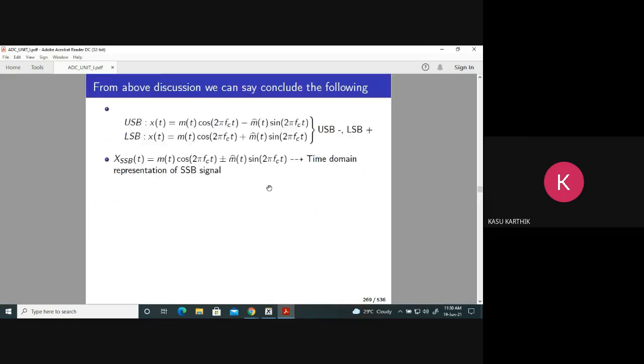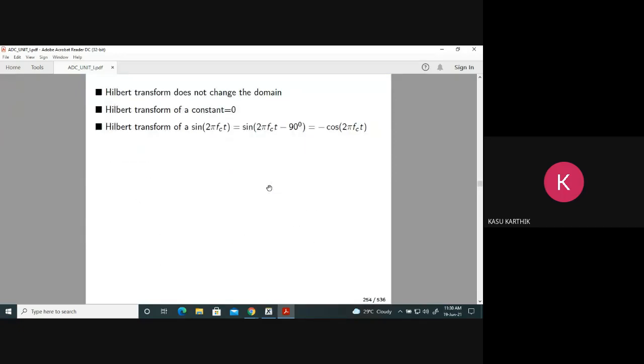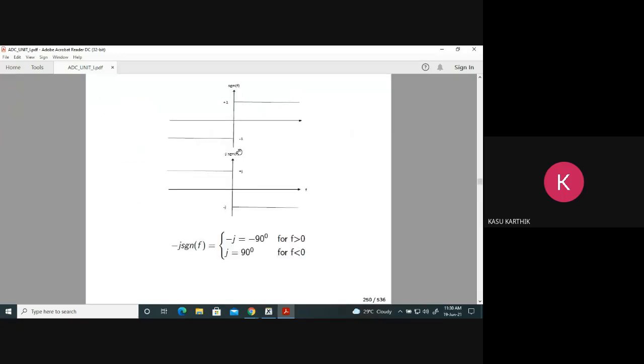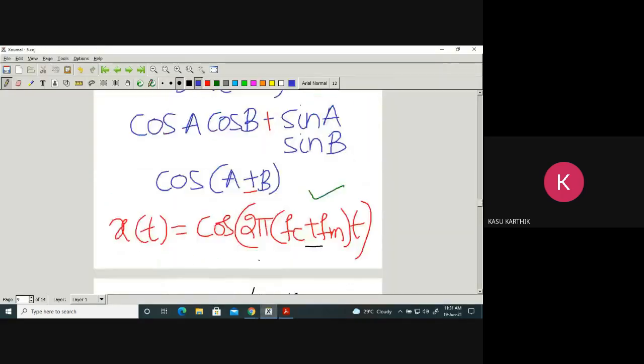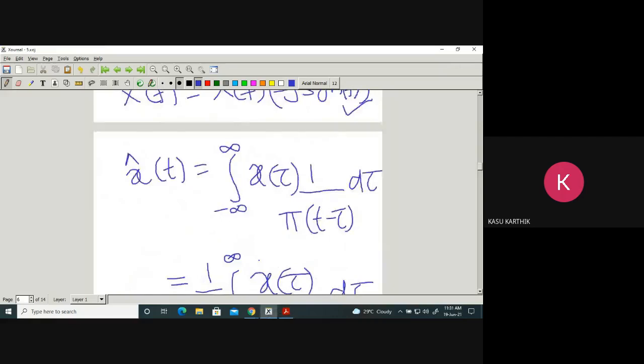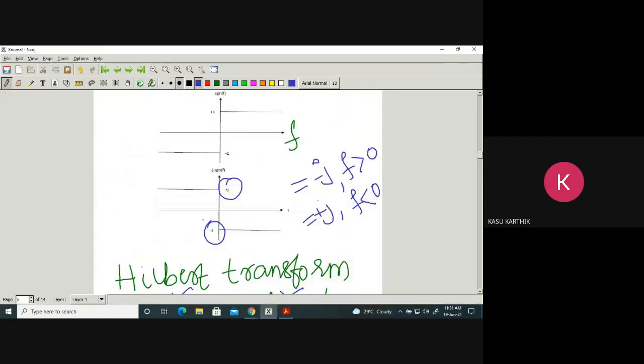Here, just now I told you Hilbert transform 1 by pi t. This is minus j sign of f. The Fourier transform of the Hilbert transform is like this. Here at zero frequency, there is a discontinuity. So suddenly phase changes from minus j to plus j. Minus j means minus pi by 2. It should go to plus pi by 2.